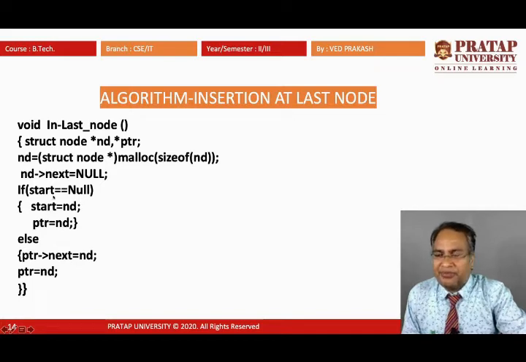If our linked list is not empty, then in this case we set PTR's next pointer to the new node, and PTR is set to the new node. So that is the process of inserting a new node at the last.